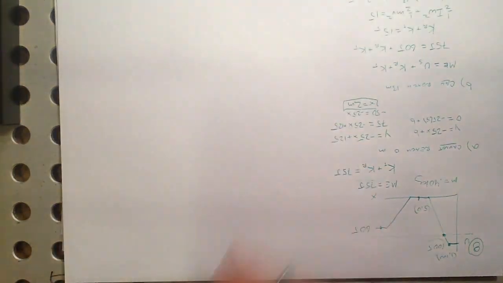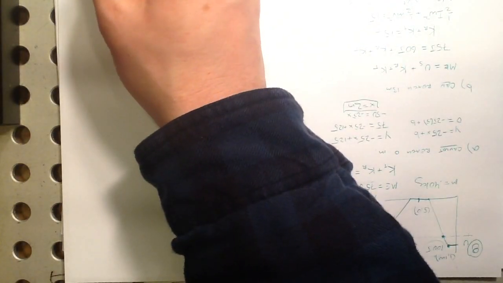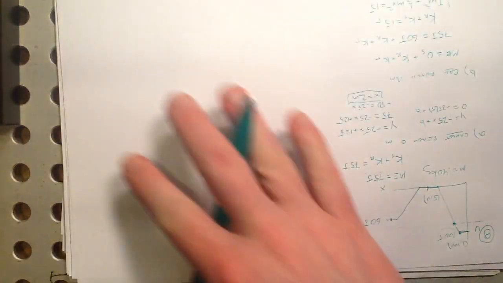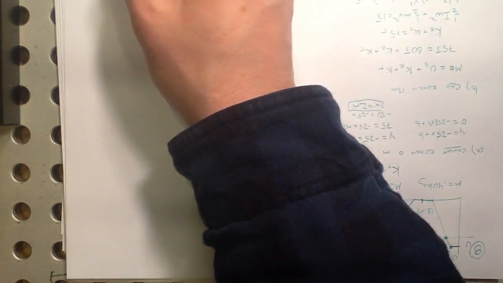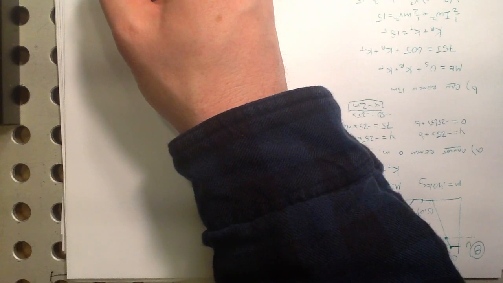Number 10. We have here a hollow sphere, radius 0.15 meters. So it's a hollow sphere. That means we've got a 2/3 m r squared moment of inertia.